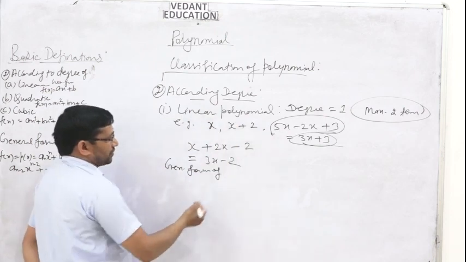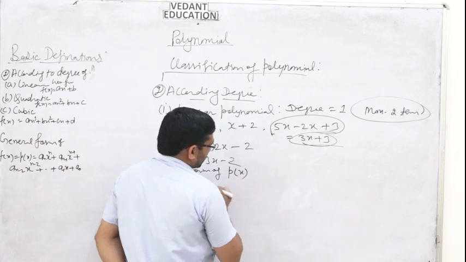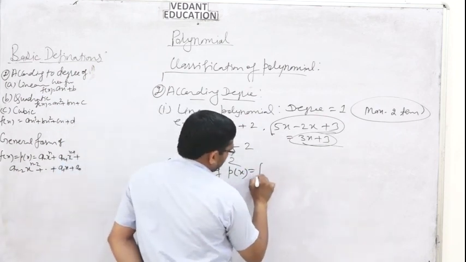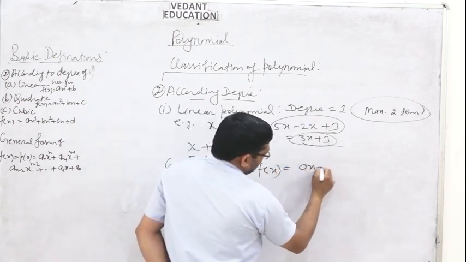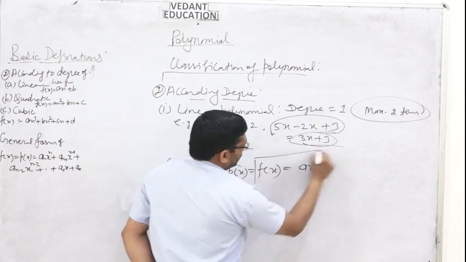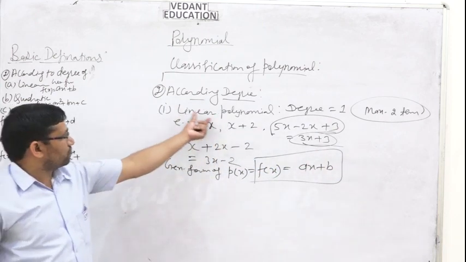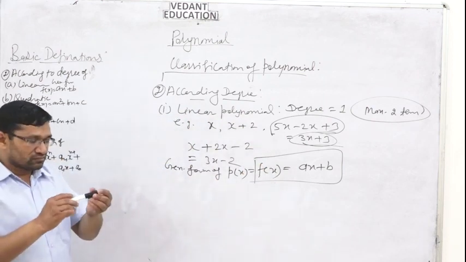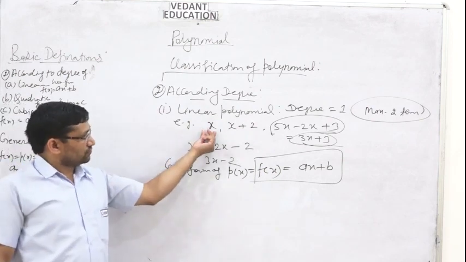General form of linear polynomial: suppose we present p of x, p means polynomial and x means variable. P of x, we can also write f(x) is equal to ax plus b. This is the general form of linear polynomial, because a linear polynomial has maximum two terms and minimum one term.